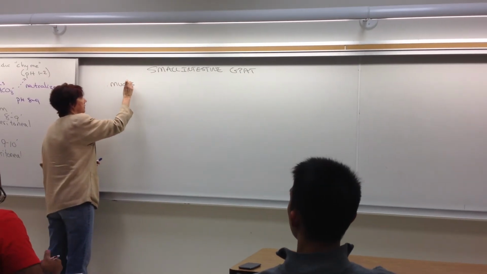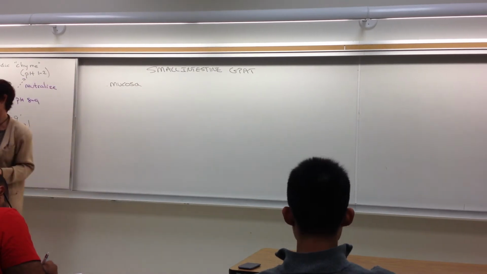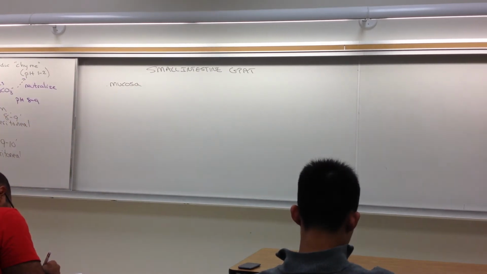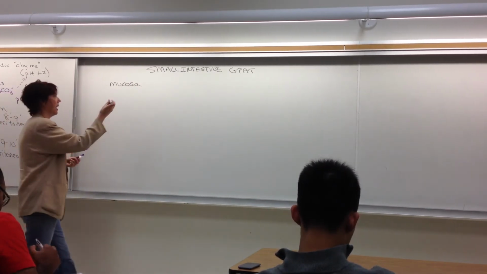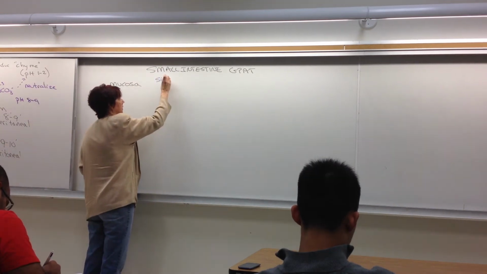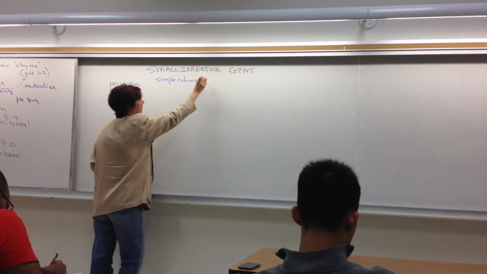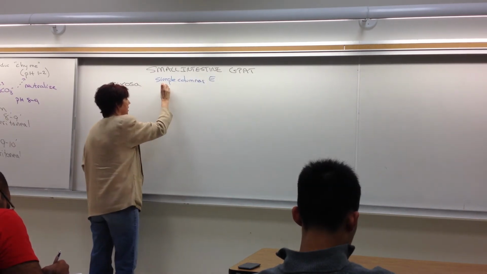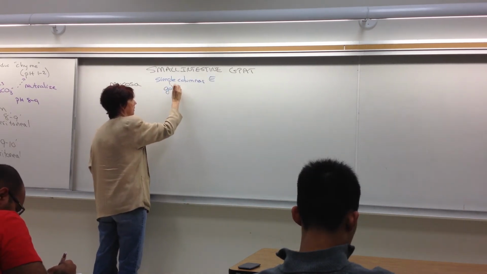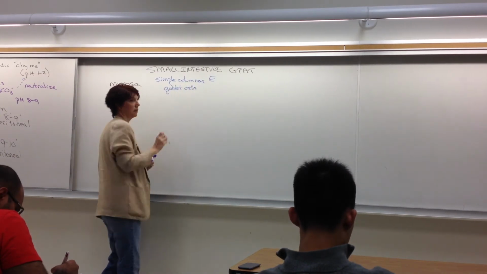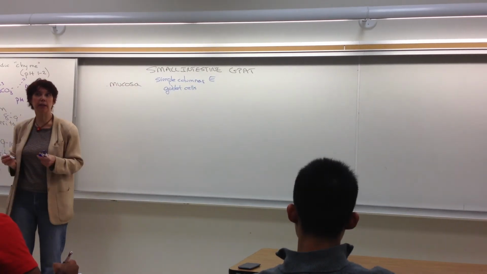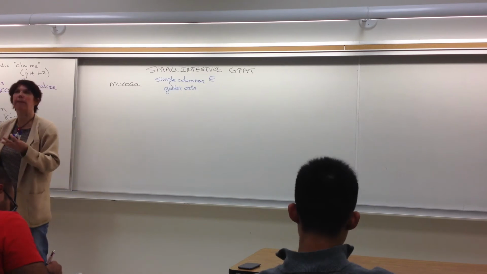So mucosa. Our epithelium, again, is going to be simple columnar epithelia. This time we do have goblet cells. Again, the mucus secretion is not for trapping dust particles.